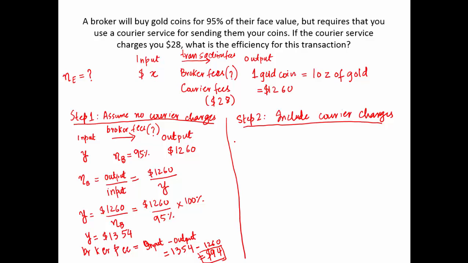So our input in this example, which we are calling X, is equal to our input in the previous example, which was Y, plus the courier fees. So if we substitute in for Y, which is $1,354, our answer comes out to be $1,382.